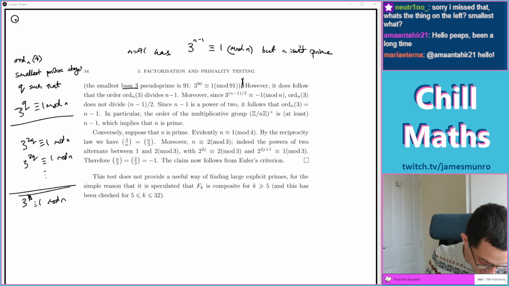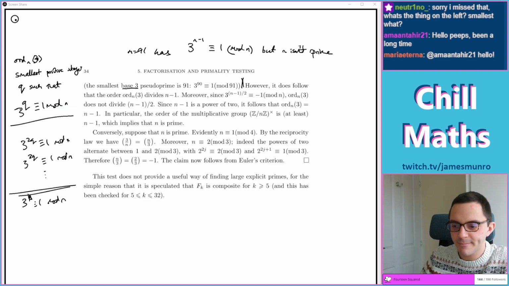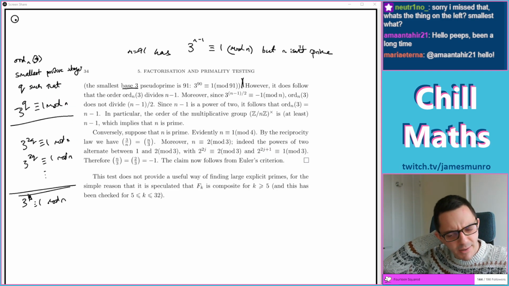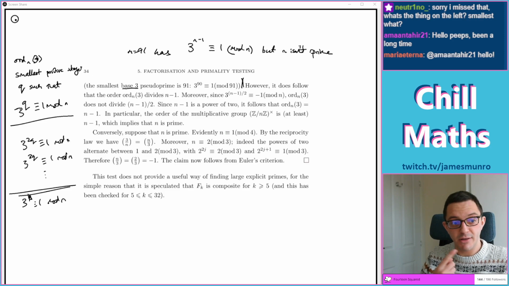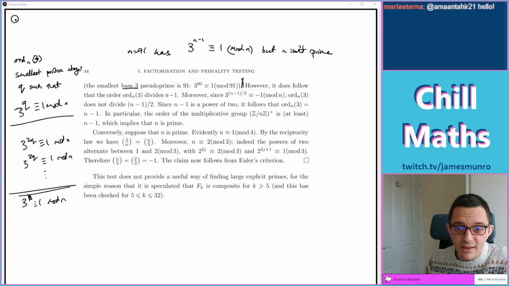And similarly, if this is a number other than 3, then you change it down here, and this n matches up there. So it's like the number of times that you need to multiply 3 together until eventually you get back to 1 mod n. Fermat's little theorem says if n is prime, then eventually you'll get back around again.